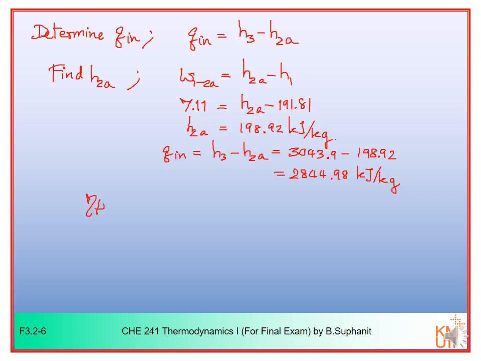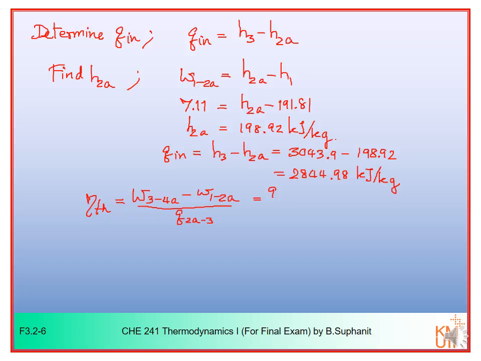The thermal efficiency of this cycle would be W turbine, which is 34A, minus W pump, which is 12A, divided by Q in, which is Q2A3. So you have all the values.